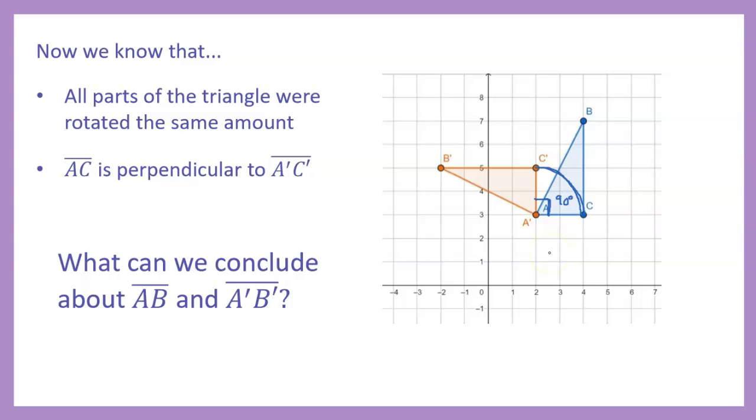So if every point is rotated the same amount, and C was rotated 90 degrees, what would we conclude about B? How much was B rotated? B was also rotated 90 degrees because all points were rotated the same amount. But look at this. If I erase this down here, the angle between B and B prime, the angle made here, is going to be 90 degrees.